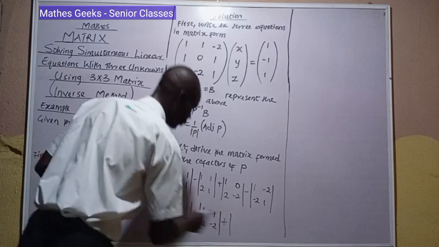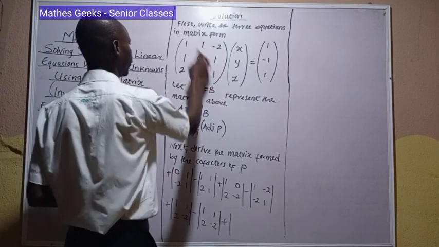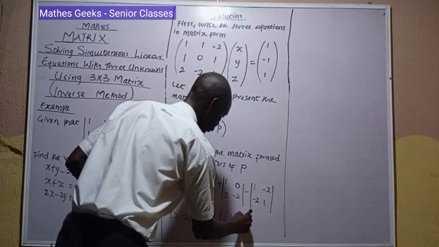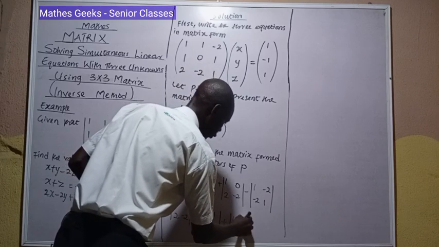Plus, third row, first column, with 1, minus 2, 0, 1.